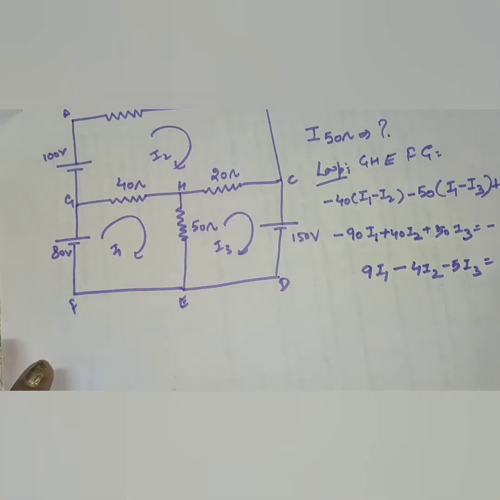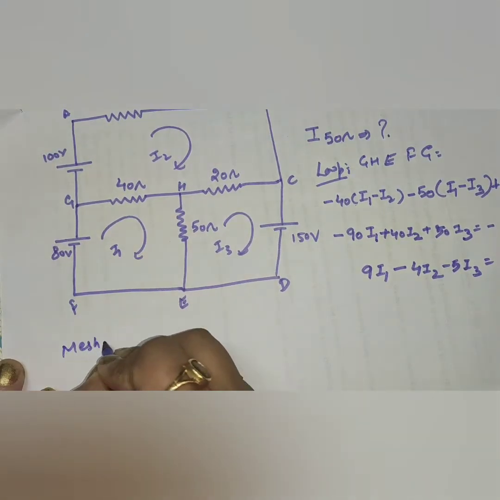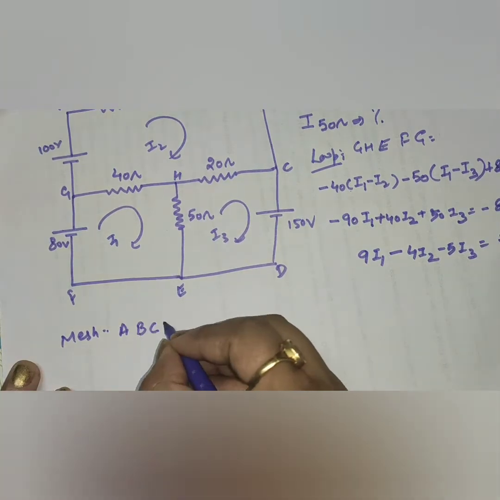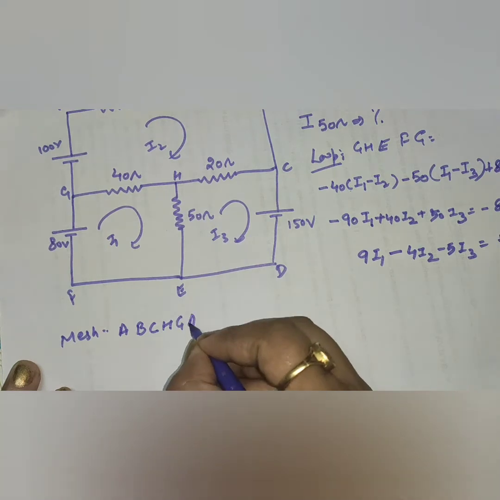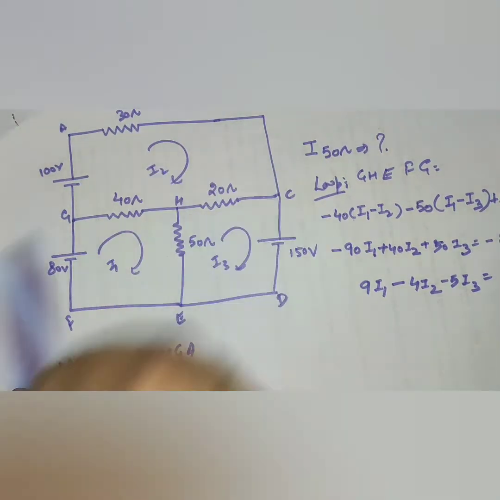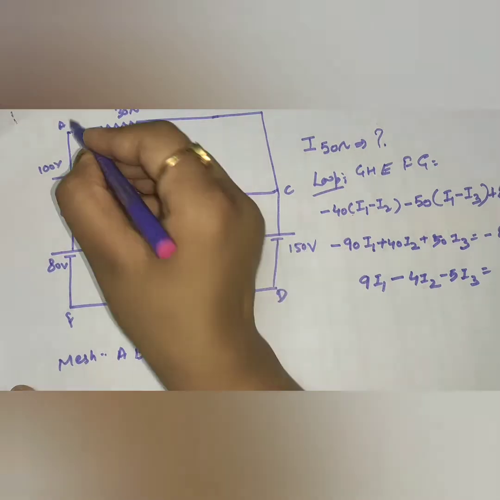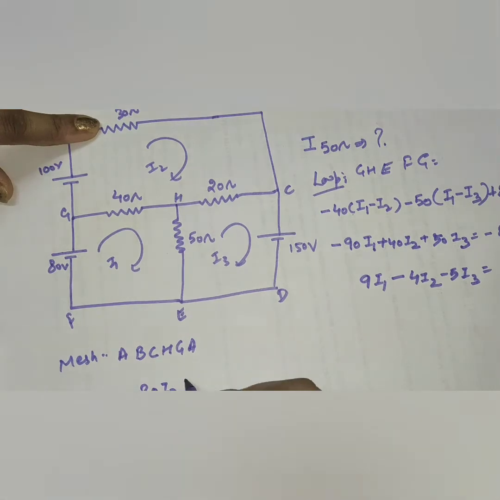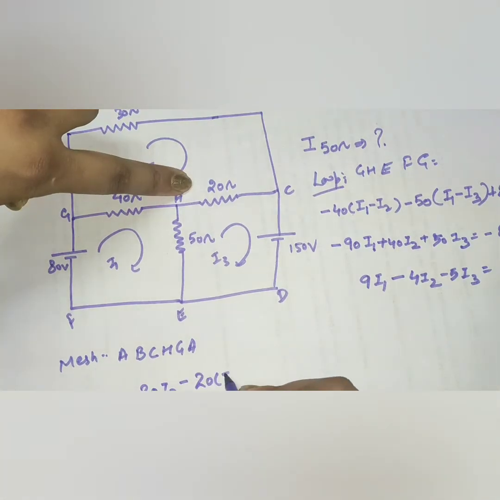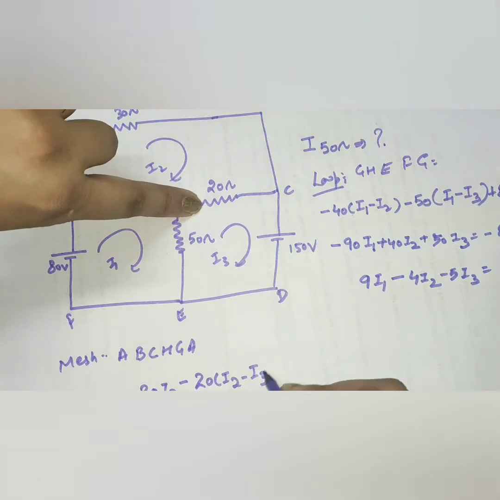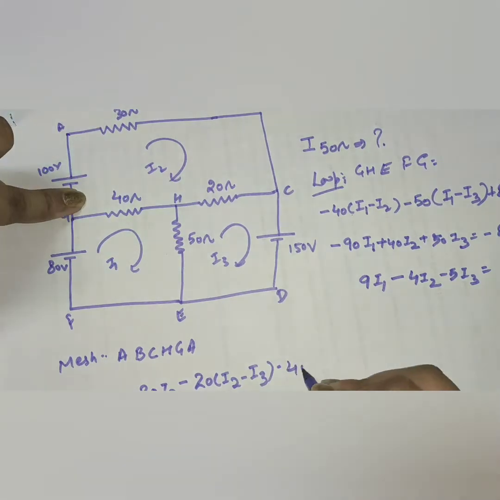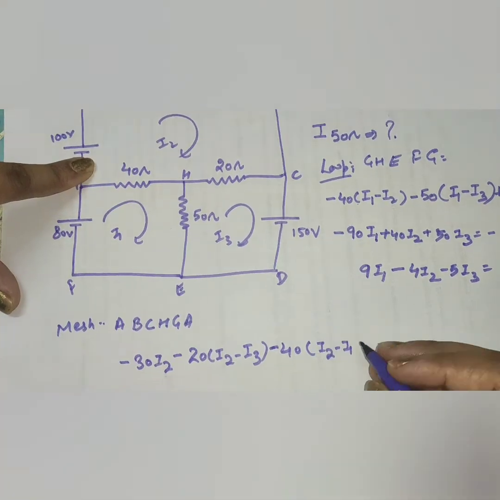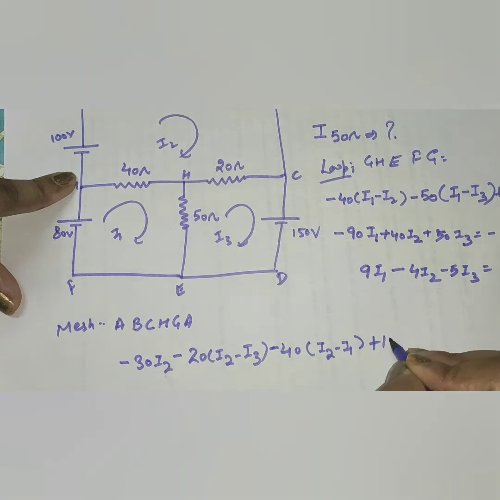Now we take the mesh or loop A, B, C, H, G, A, which is the I2 loop. Starting from here, minus 30 I2 minus 20 times I2 minus I3 minus 40 times I2 minus I1, plus 100 equal to 0.